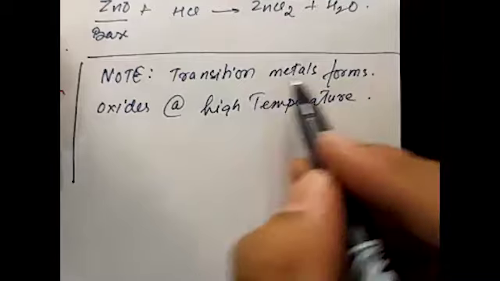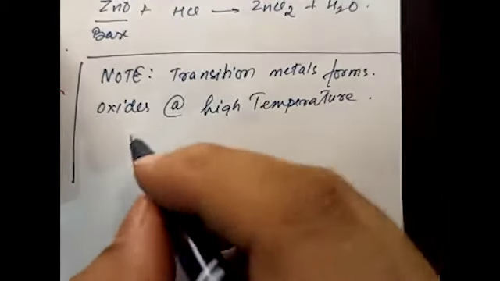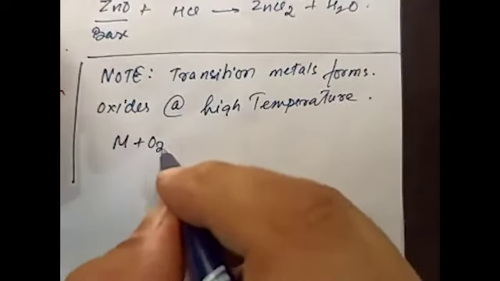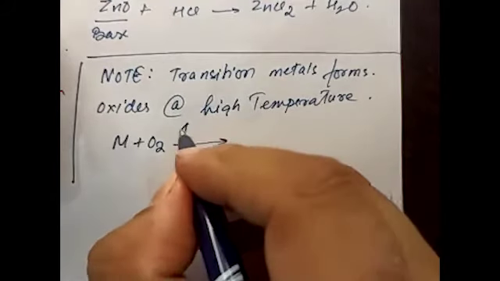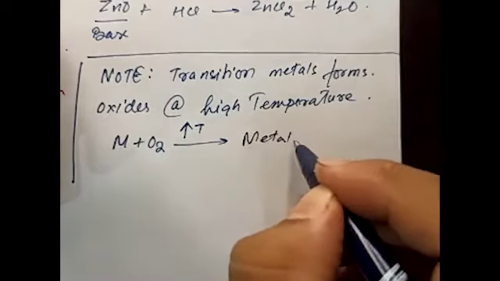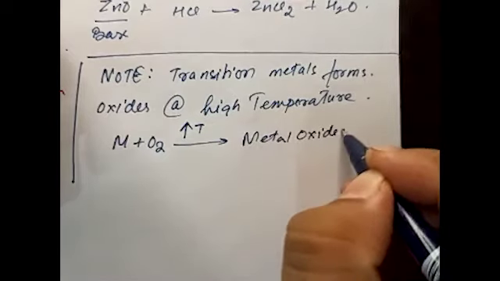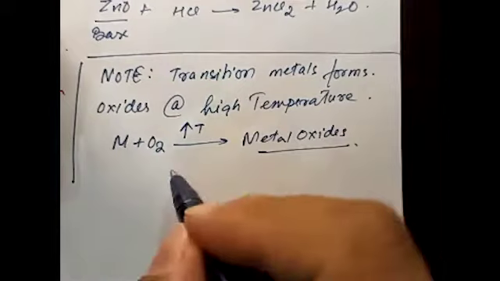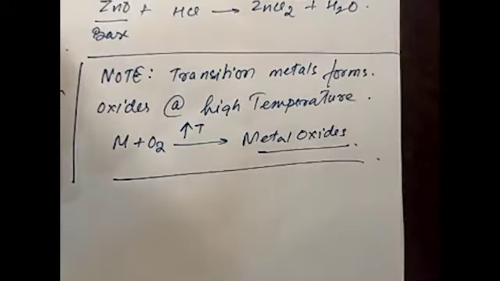Transition metals form oxides at high temperature. So when a transition metal reacts with oxygen at high temperature, it forms metal oxides. Okay. Done.